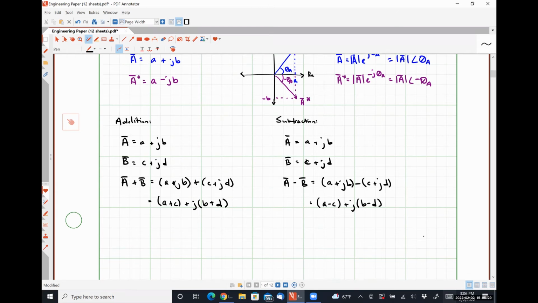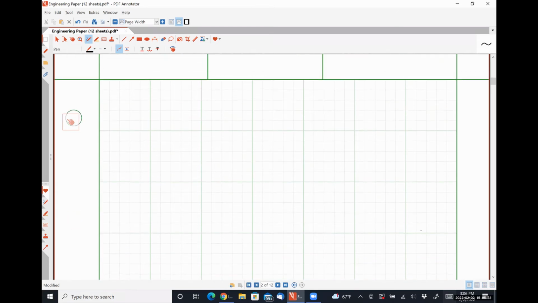All right. So let's talk about multiplication next. So if we have A is equal to A plus JB and B is equal to C plus JD, then, sorry, they shouldn't have magnitudes on them, it's my fault.